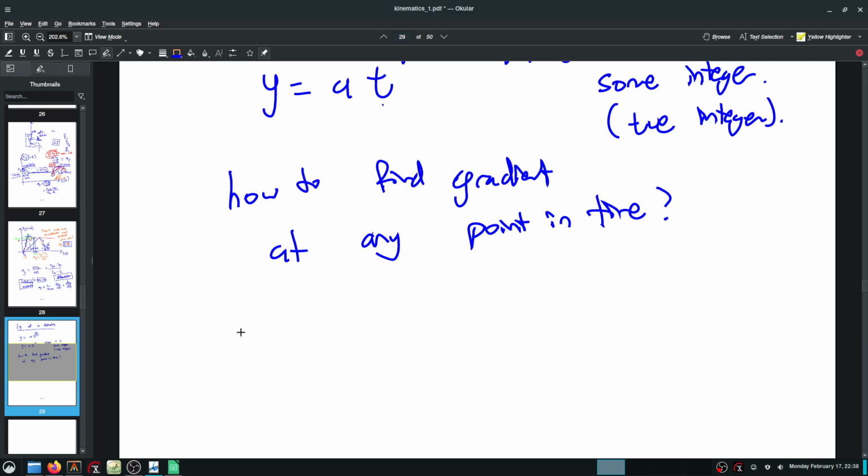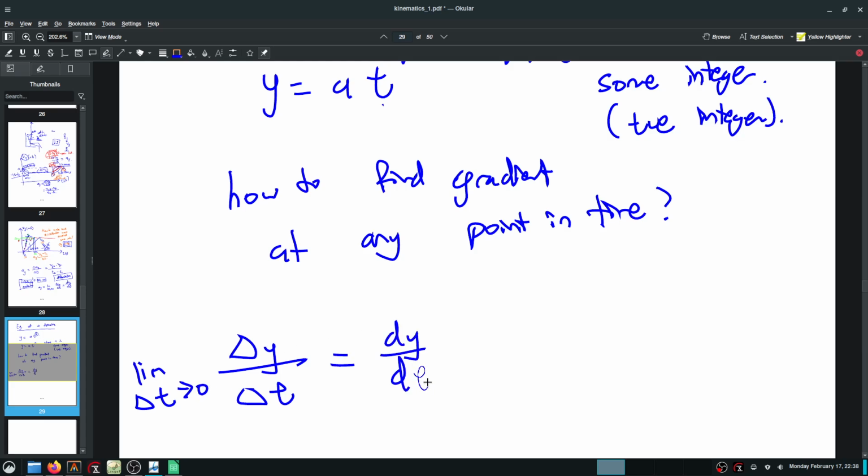I'm going to show you the gradient is delta y over delta t, and what you do is to limit this delta t to 0. This is dy/dt. Okay, so I'm going to demonstrate for you. This may take long. If you are not interested, you can skip this, but this is what I'm going to do for you.